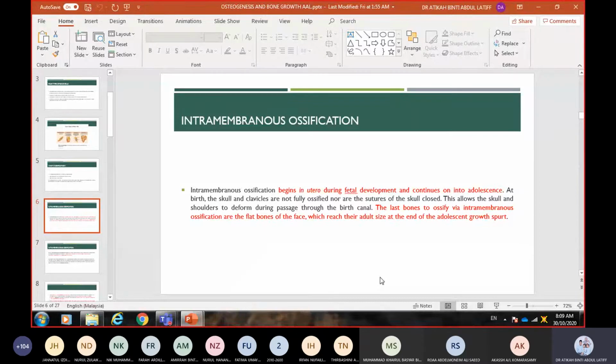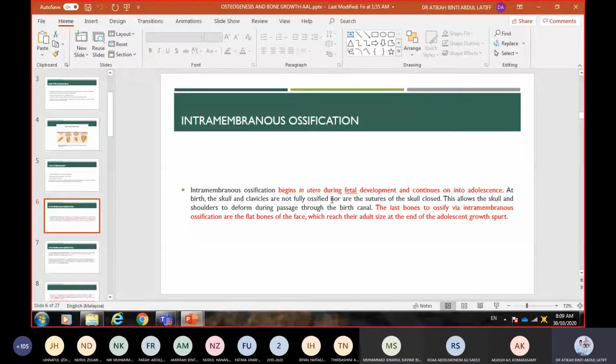I think I mentioned during the last lecture regarding sutures. Because the baby's head needs to pass through the small uterine canal or cervix to be born, the skull is not fully attached, or the sutures are still open, so that it allows the head to be compressed during delivery.